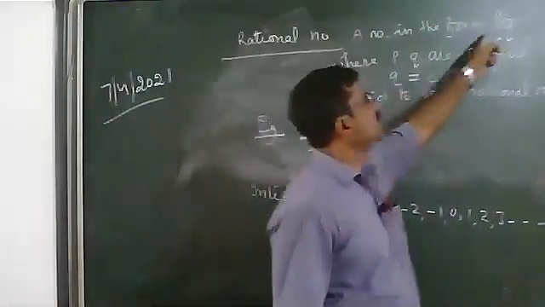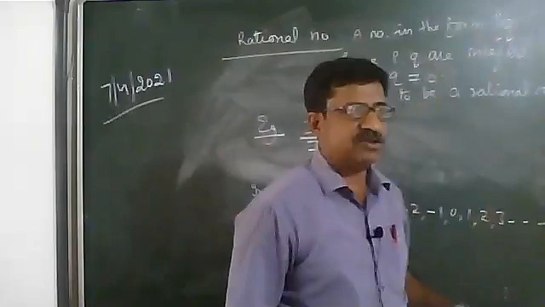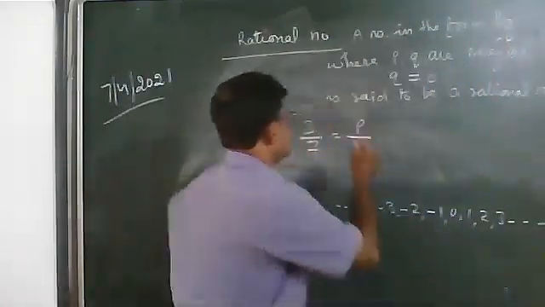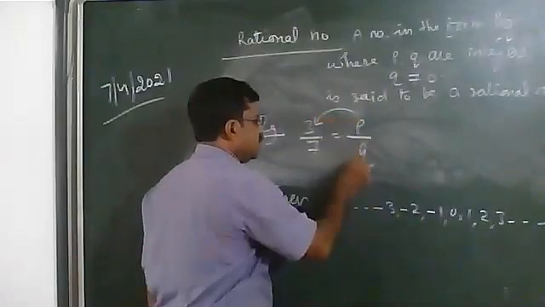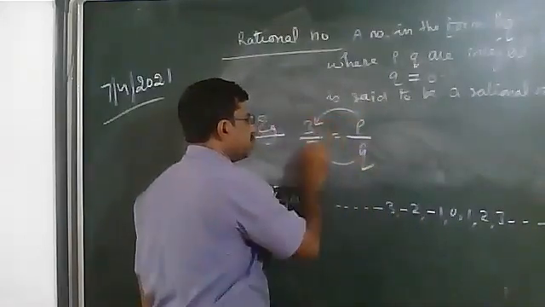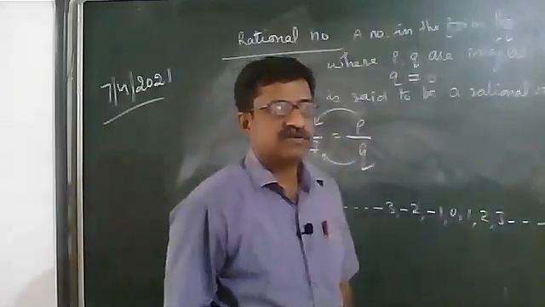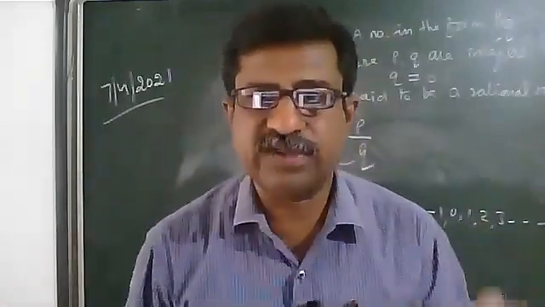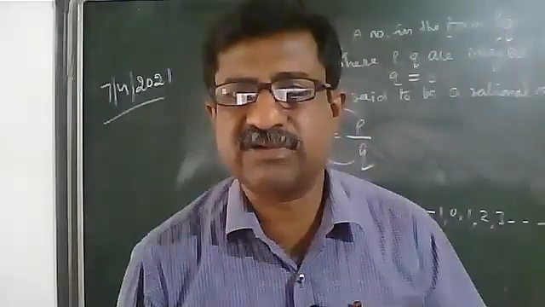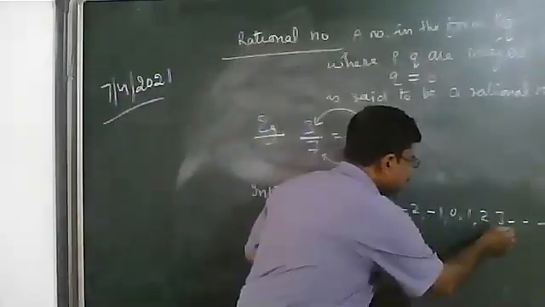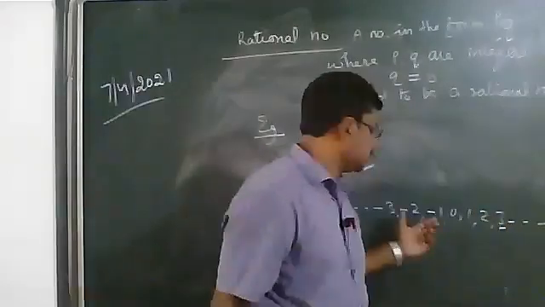That goes to the second, it says p and q both should be integers. In this example, 3 upon 7, p is 3 and q is 7. We'll check in the set of integers whether 3 and 7 both are present or not. Here 3 is already in the set of integers.